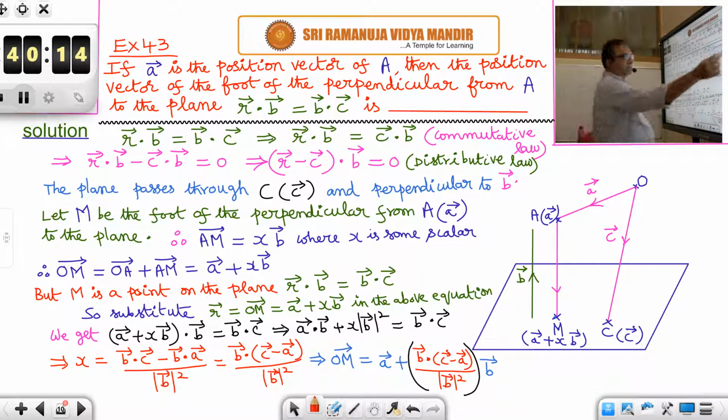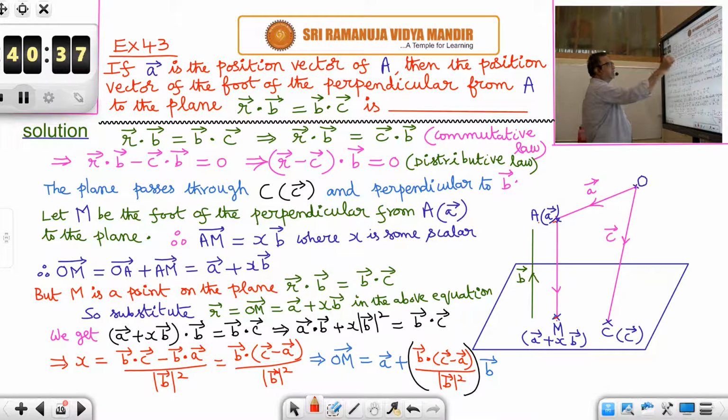See the figure: O is the origin and A is a point in space whose position vector is A bar, that means OA bar is A bar. From A we have dropped a perpendicular to the plane, the foot of the perpendicular is M. So we want the position vector of M, means we want the vector OM bar.